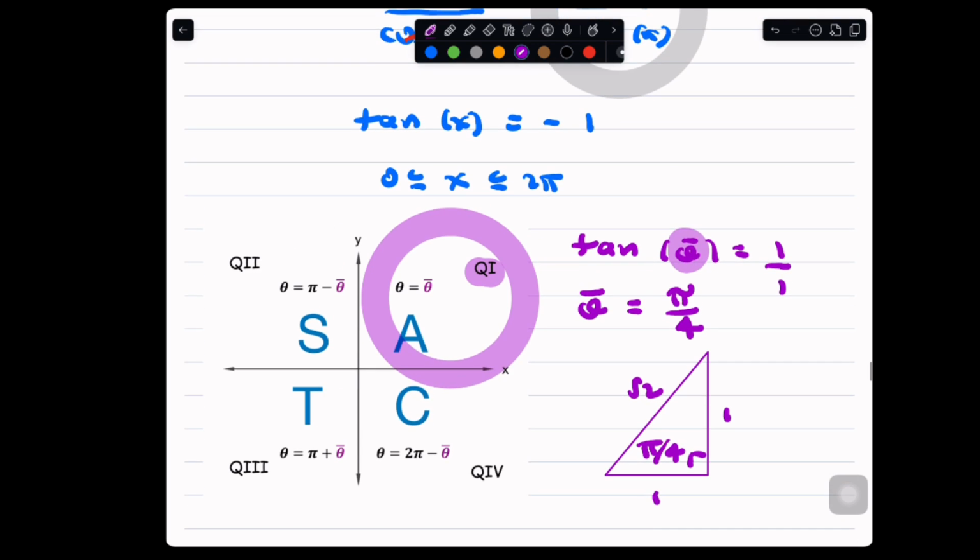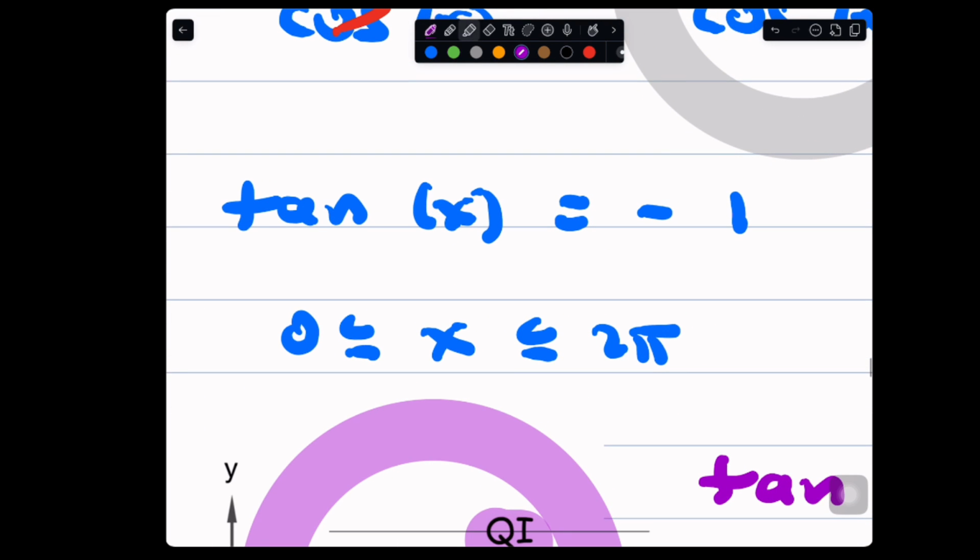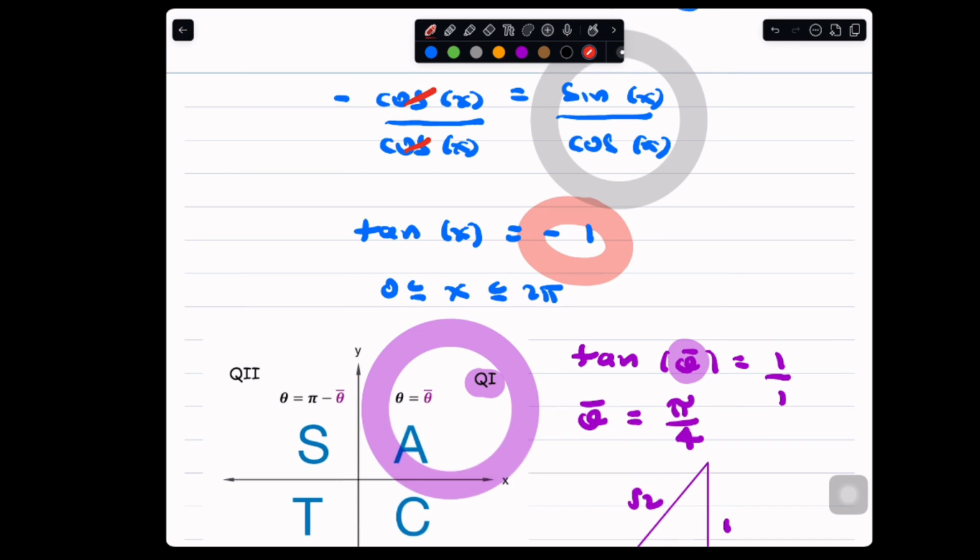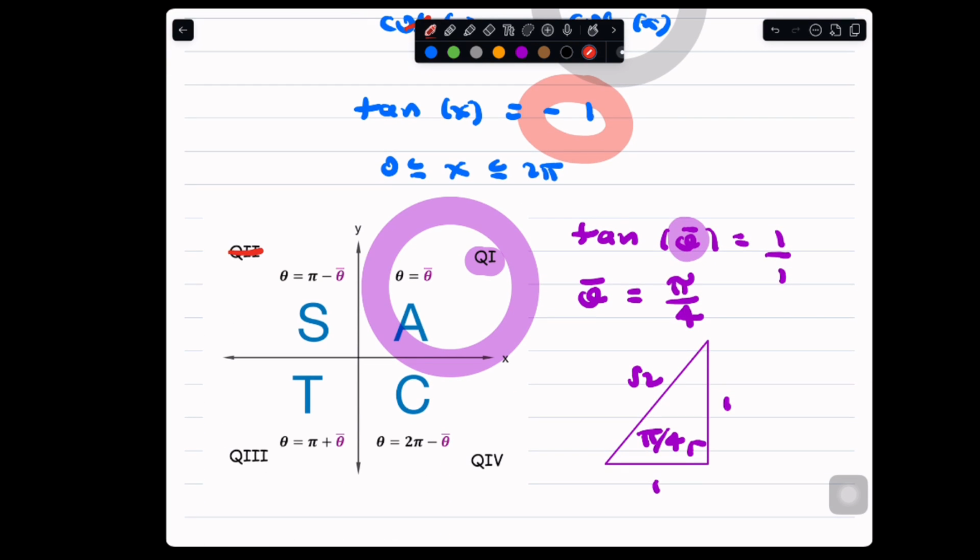But the solutions are not positive. The solutions are really what? They're negative. So you go, okay, where do I have, what quadrants have negative tangent? Yep, 2 and what? 4.